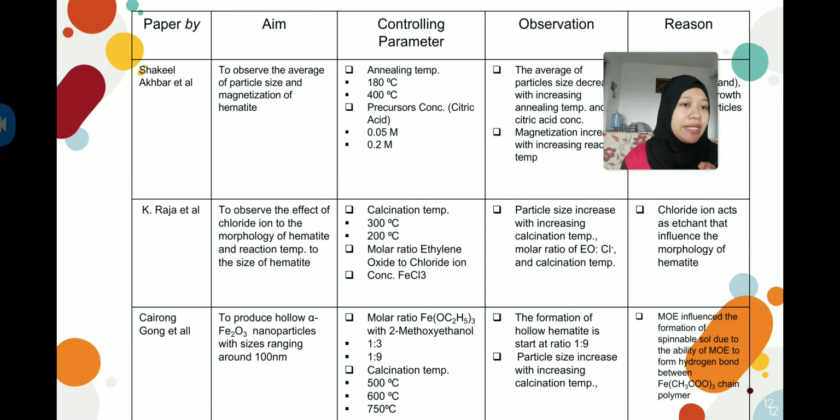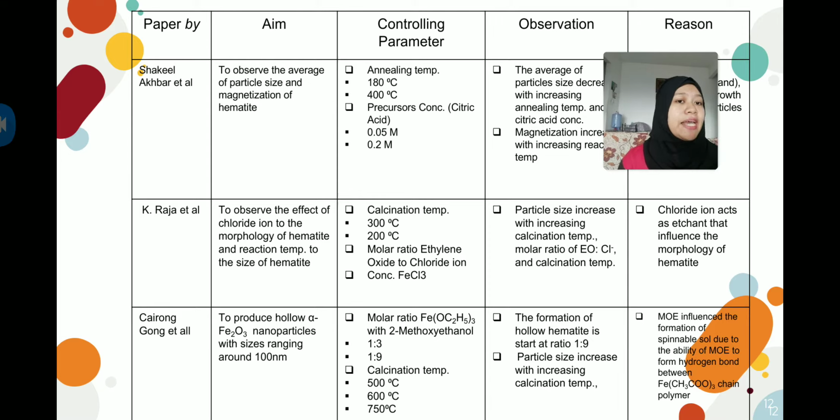The reason is that MOE influences the formation of a spinazole, which is an intermediate in the formation of hollow hematite. This is because of the ability of MOE to form hydrogen bonds between the ferric alkoxide polymer chains.